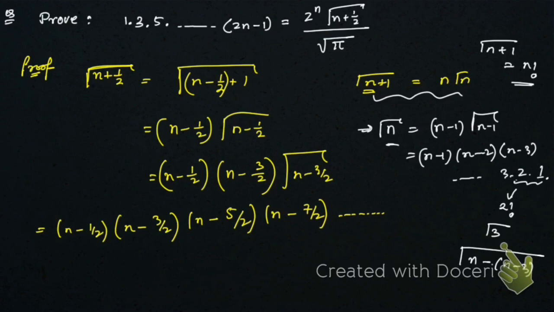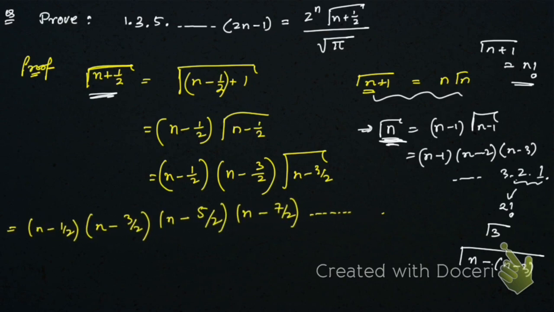Now here you see, if we simplify this the same number of times, how many times we simplified here, then after the same number of steps, here we have n, but here n plus half, so instead of this m we're going to have n plus half.